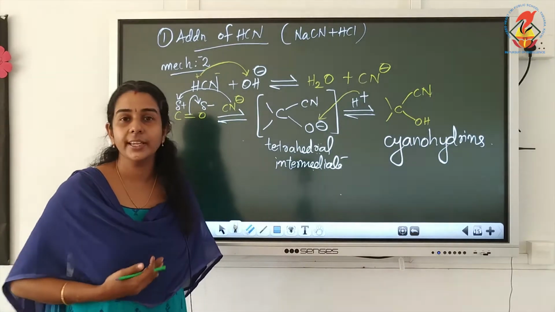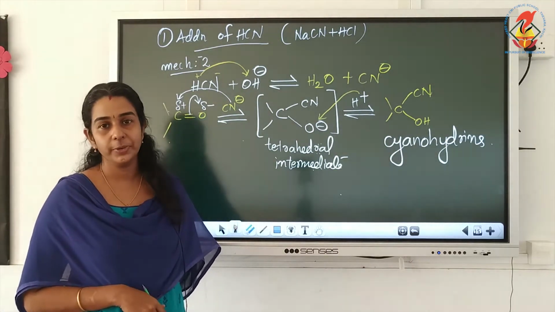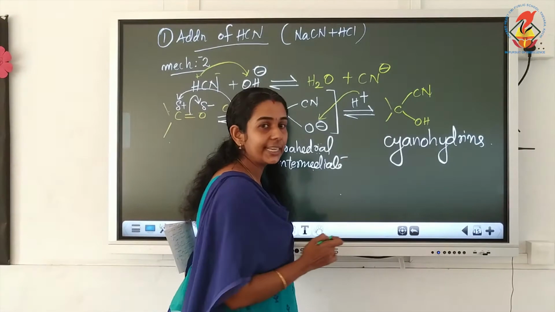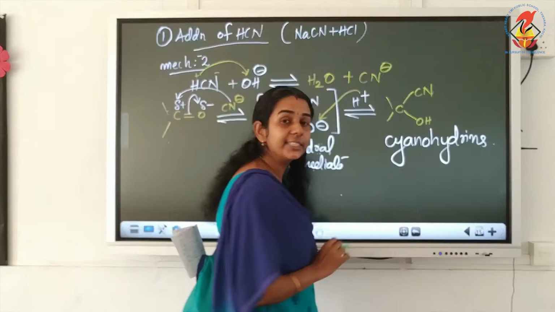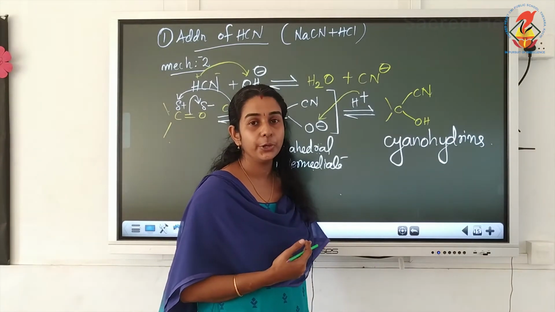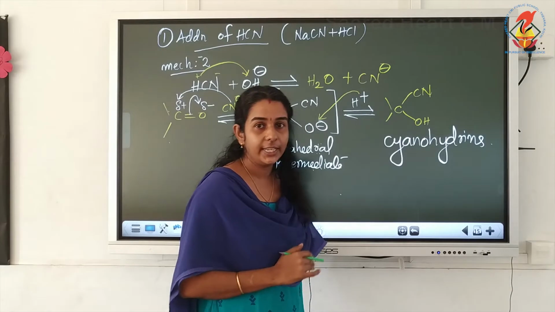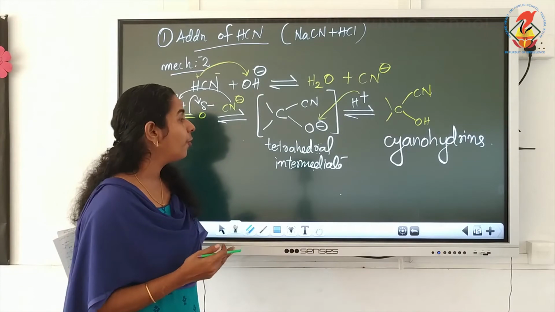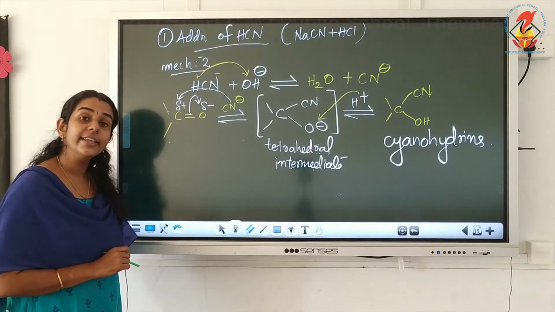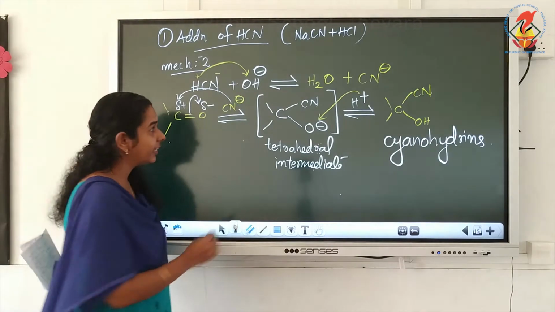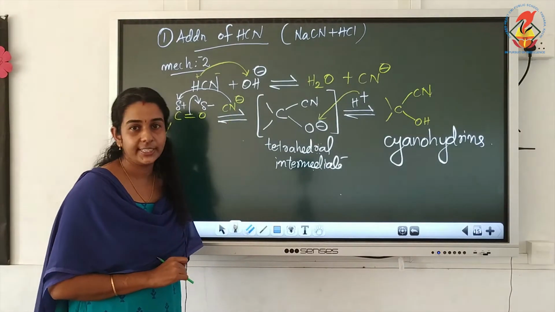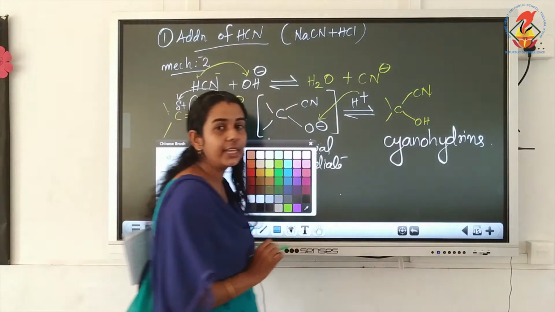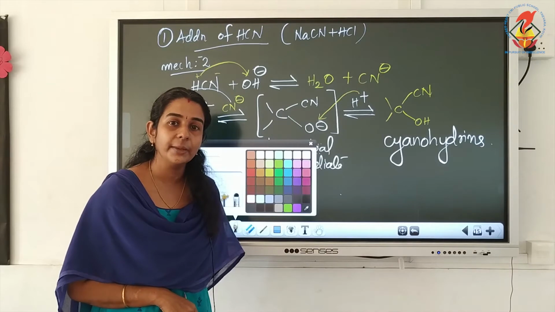So what are cyanohydrins? Repeated board question. So how can we define cyanohydrins? From the name itself it is clear. Cyanohydrin. Cyano means cyano group, that is CN group. Hydrin represents hydroxy group. So cyanohydrins are compounds formed when aldehyde or ketone reacts with hydrogen cyanide or HCN, in which both cyano group and hydroxy group are present on the same carbon.